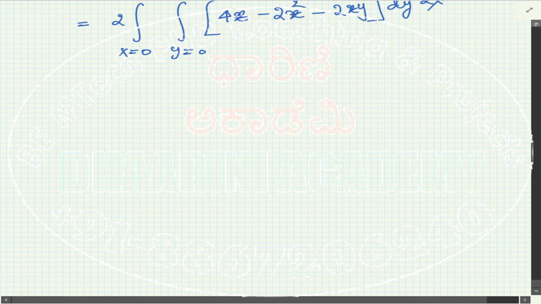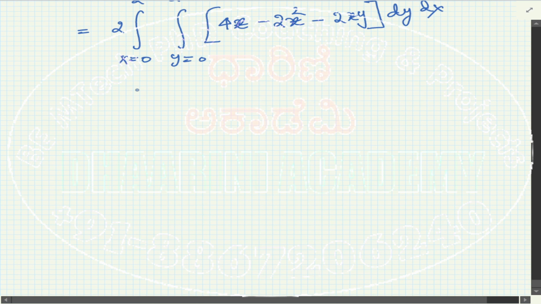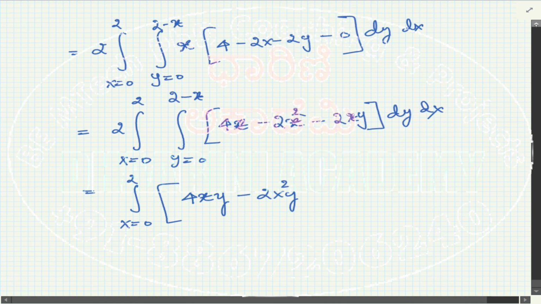So in the next step, we have to substitute this is equal to x is 0 to 2. Let's do the integration with respect to y. First term becomes 4xy. Second term minus 2x square y.